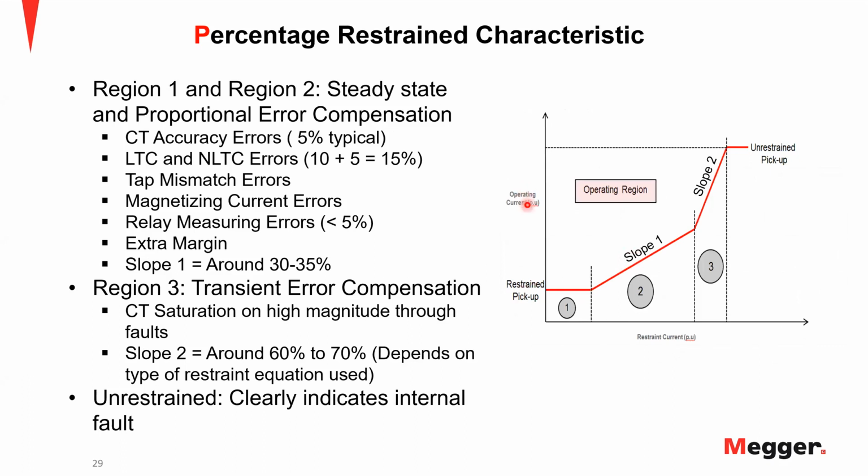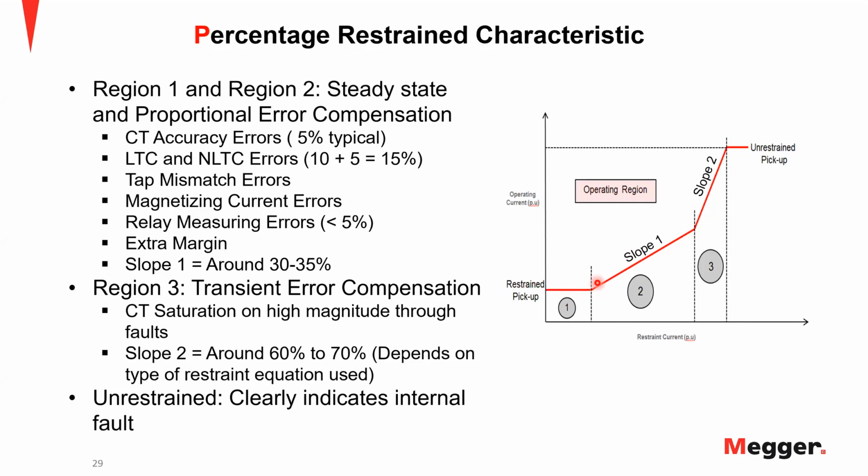Here I have a pictorial representation of slope characteristics, where I have the restrained current on the x-axis and operate current on the y-axis. So these lines you see here are nothing but your slope characteristic, or the restraint characteristic. The first line you see here is your pickup point for your differential relay.